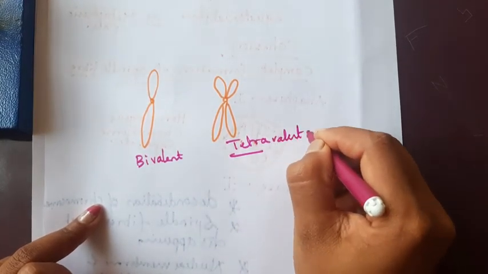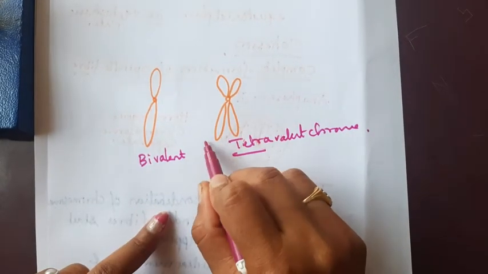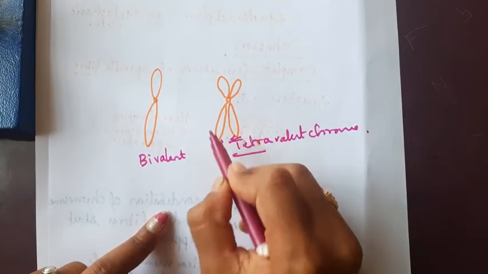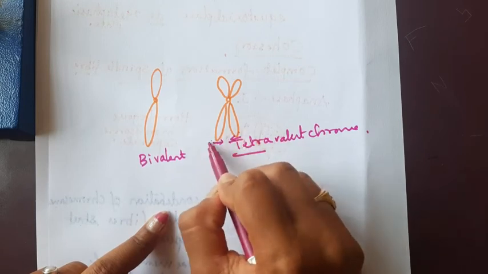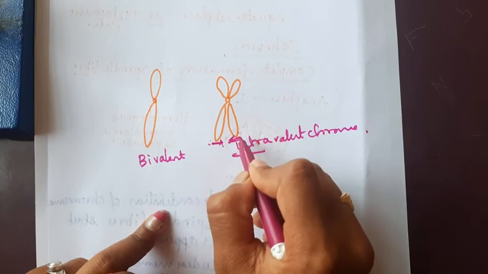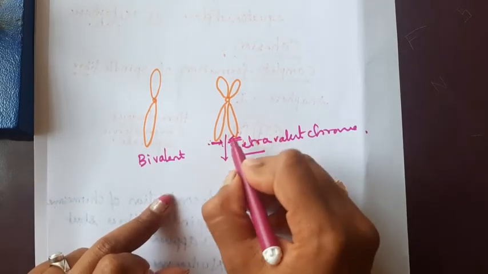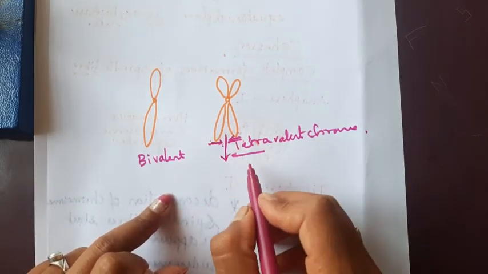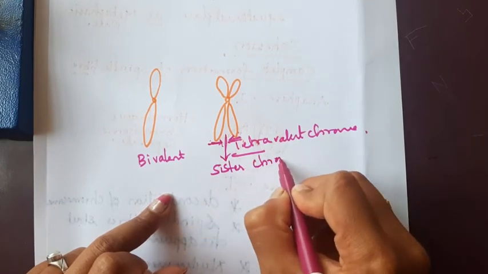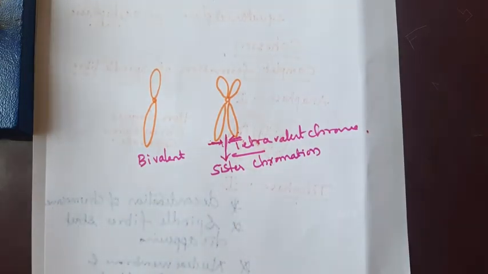In the chromosome having 4 chromatids, one pair of chromatids compared to the other pair of chromatids present in a common chromosome is called a sister chromatid.